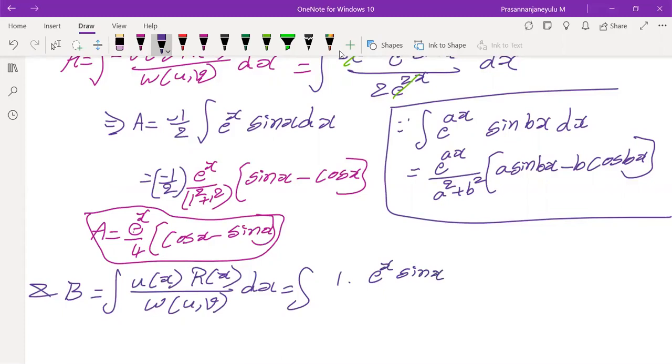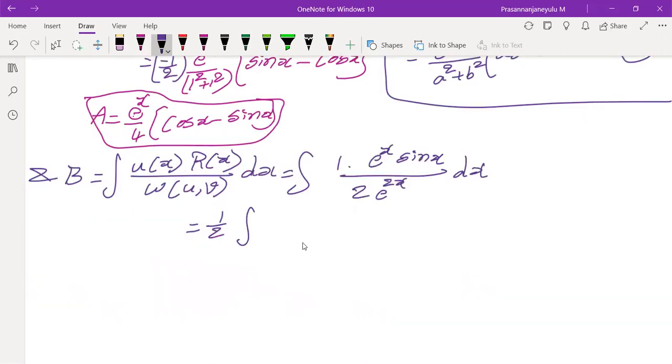What is the denominator w? 2 into e power 2x into dx. Now I'm taking this e power 2x to the numerator. 1 by 2 is a constant, bringing it outside of the integration. Integration of e power x into e power minus 2x. Then the bases are equal, so we can add the powers. e power x minus 2x becomes e power minus x, into sin x dx.